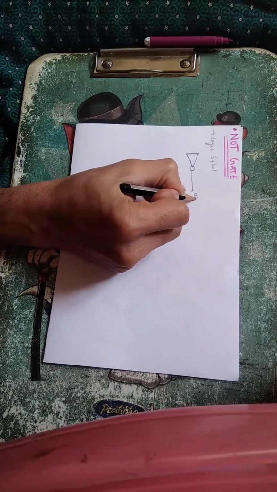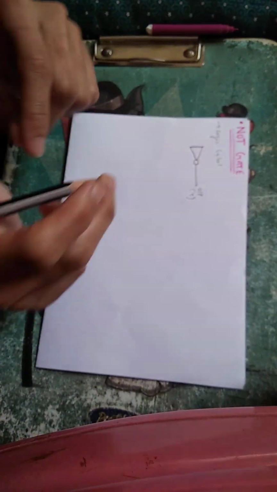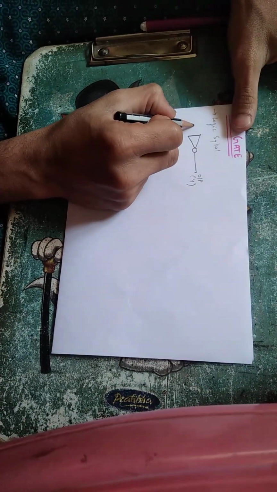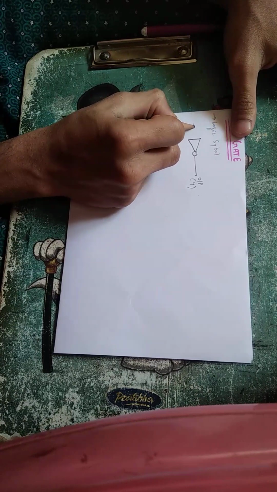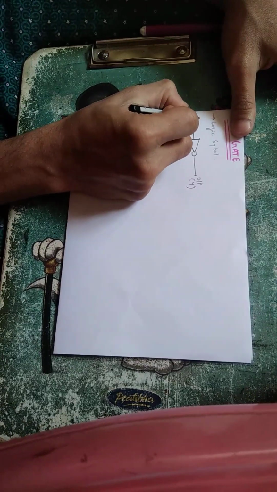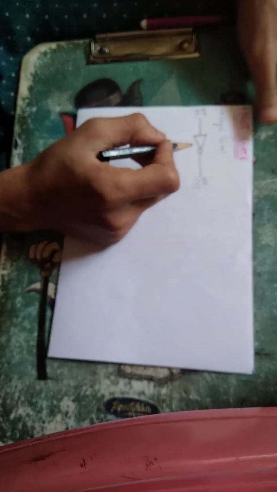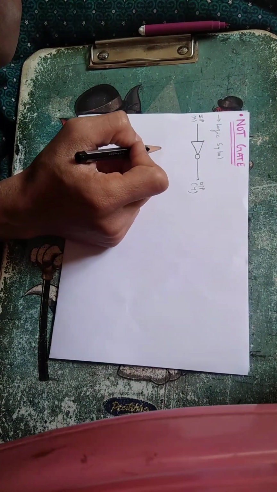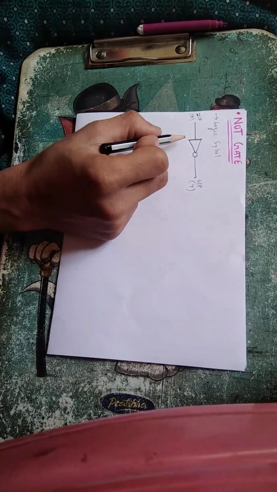This output is represented by Y. And in the NOT gate there is one thing to remember: it doesn't have many inputs. It has only one input, that is A. So note this thing about the NOT gate.